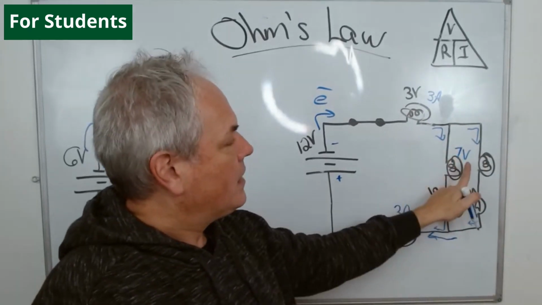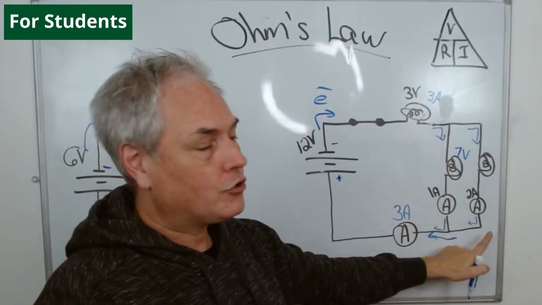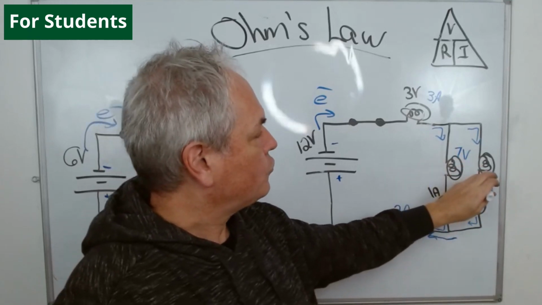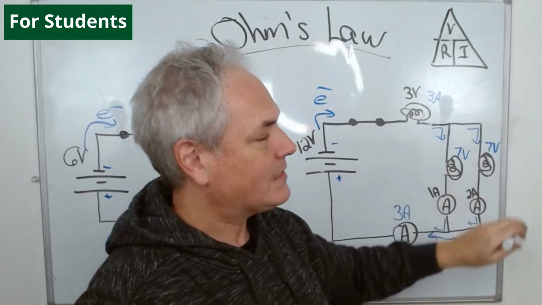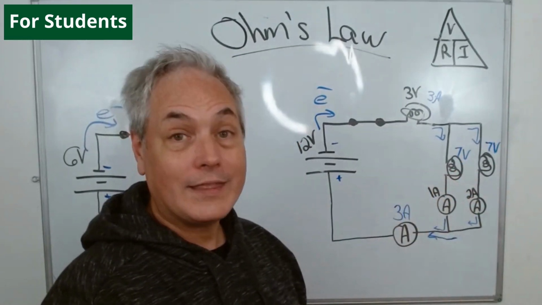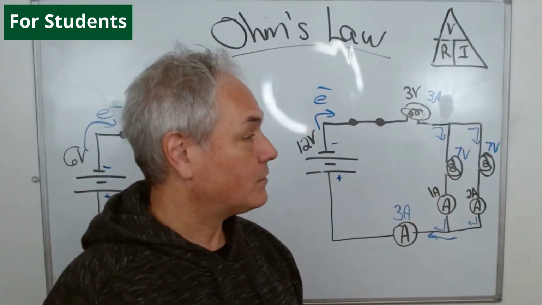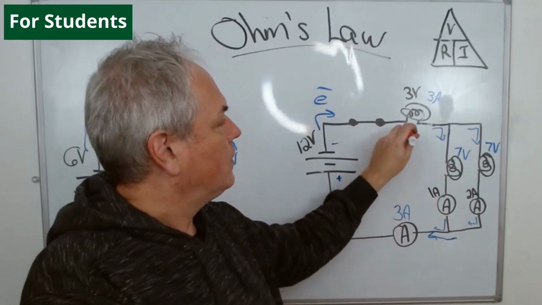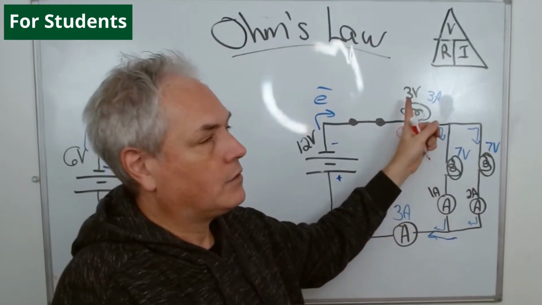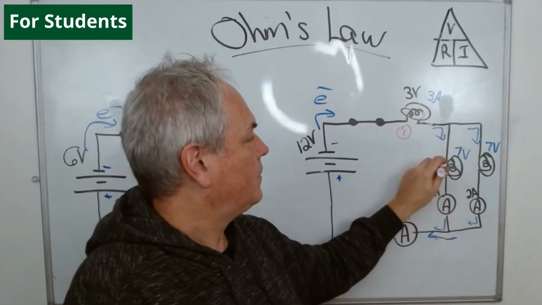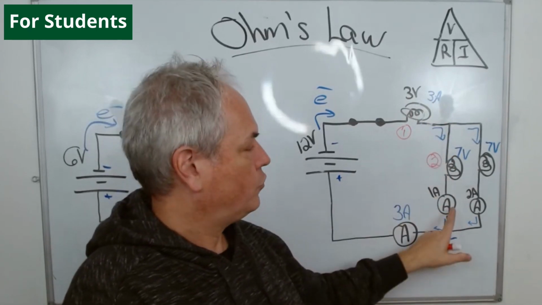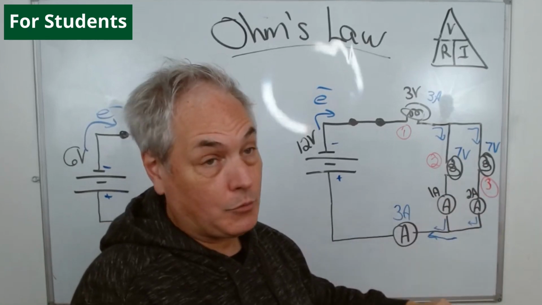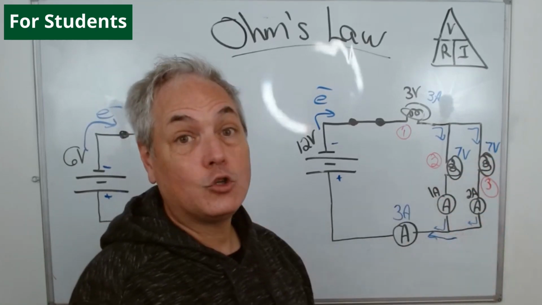Because they are in a parallel circuit, we know that when we have bulbs in parallel, we also have 7 volts for the next bulb as well. So here it's interesting, because we have 3 bulbs. Bulb number 1 with 3 volts and 3 amps. Bulb number 2 with 1 amp and 7 volts. And bulb number 3 with 7 volts and 2 amps.